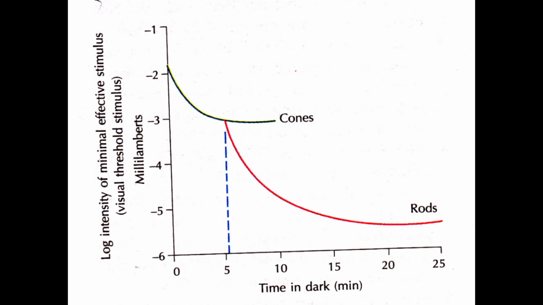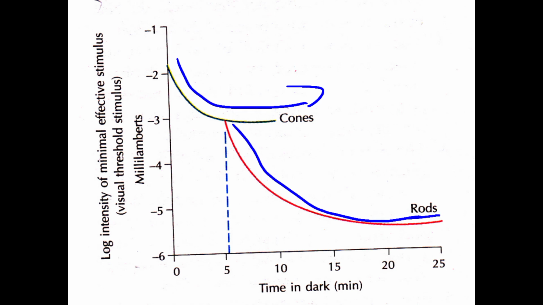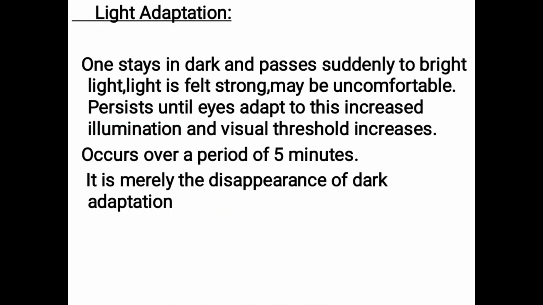This is the cycle: initially the cones get adapted, which takes 1 to 5 minutes. Later there is resynthesis of rhodopsin. Initially 5 minutes, then the remaining time till 40 minutes is for rod adaptation.